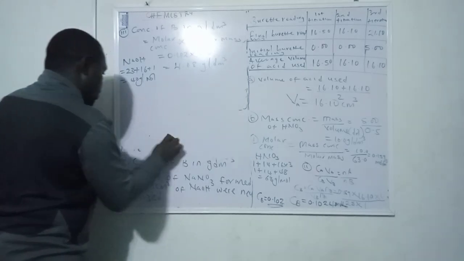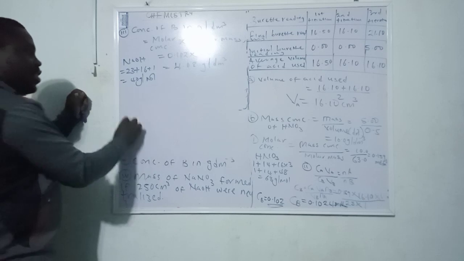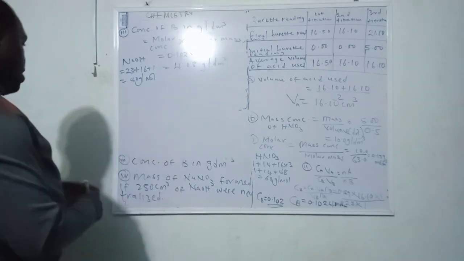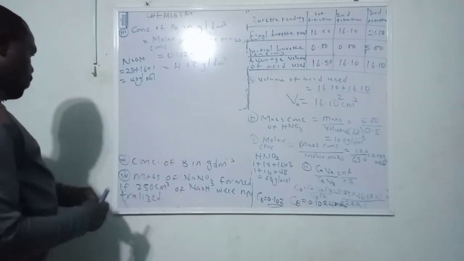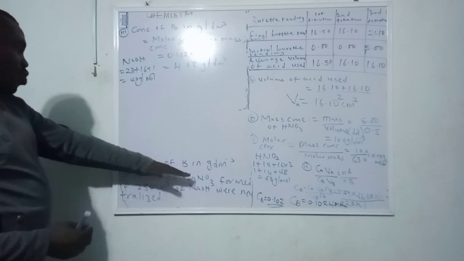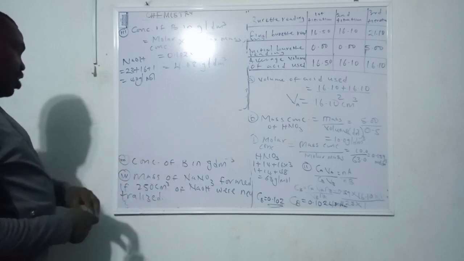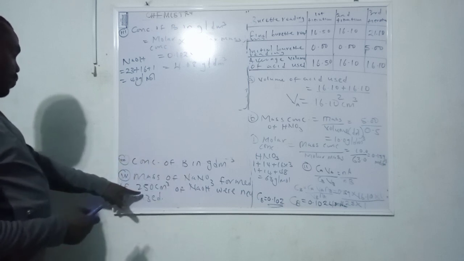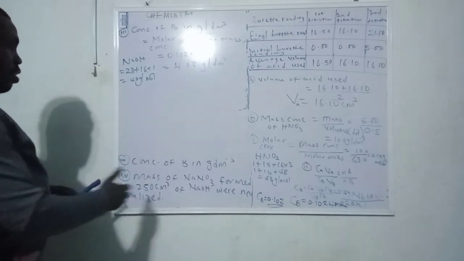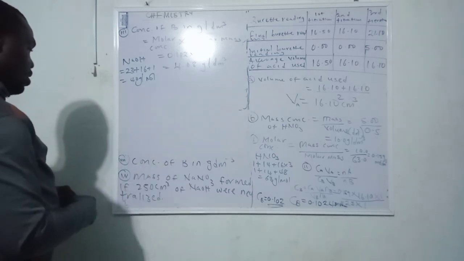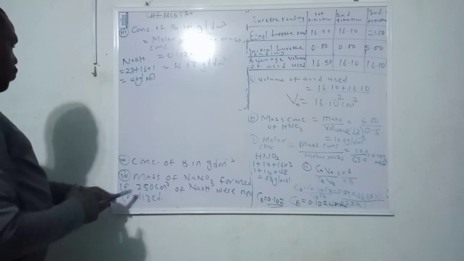Now, the last question here is asking us to find the mass of the sodium trioxonitrate 5 formed if, please mark this word, if 250 cm cube of these were neutralized. So the first thing I will do is to find the mole.